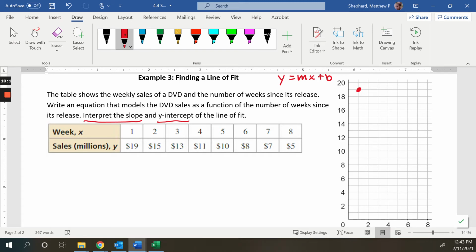At 2 weeks, 15 million. 3 weeks, 13 million. 4 weeks, it's at 11 million. 5 weeks, at 10 million. 6 weeks, at 8 million. 7 at 7, and 8 at 5.